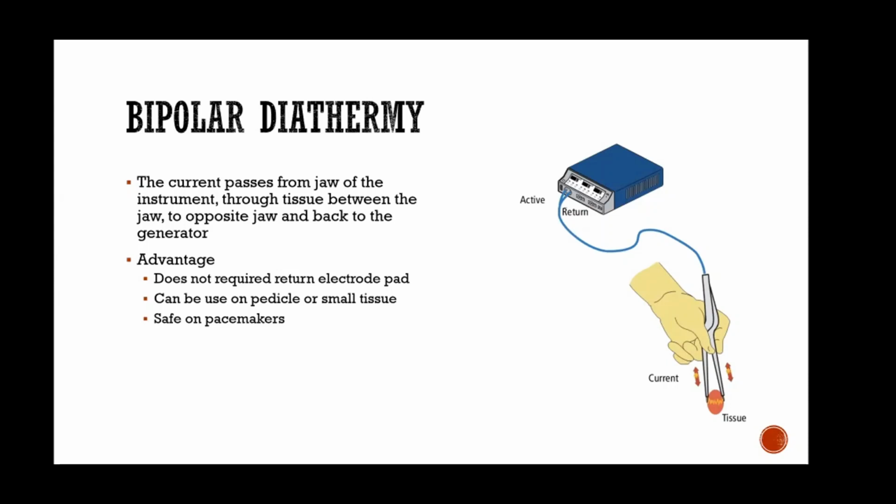Bipolar diathermy has advantages over monopolar diathermy, because it does not require a return electrode pad, so the patient has fewer complications if there is electrode pad dysfunction or problems. It can also be used on pedicles or small tissue.